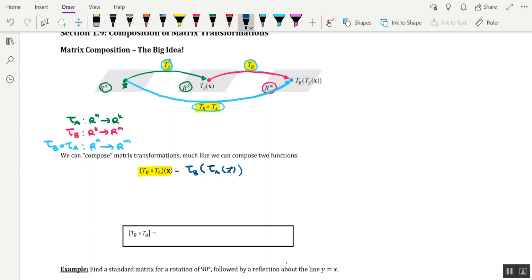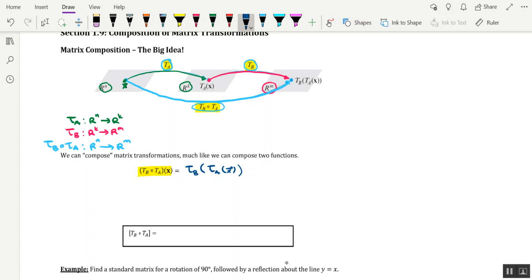So that kind of lines up with what we already know with ordinary functions. But because these are matrix transformations, we can go a little bit further with this notation, and in doing so, we get to probably the simplest form of what a composition of matrix transformations would look like. I'm going to go back up to the diagram here.